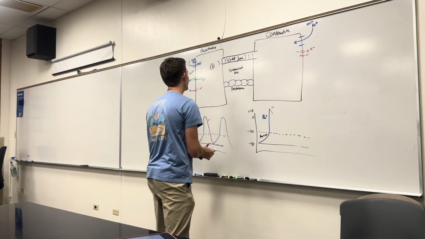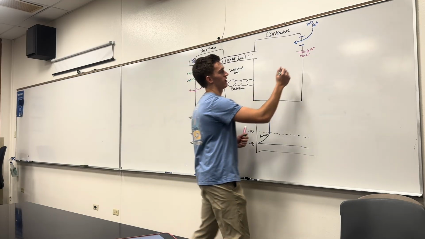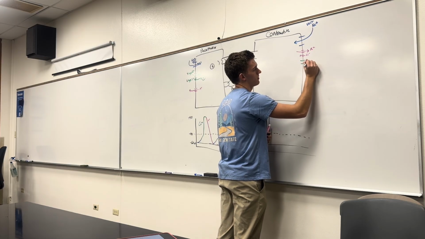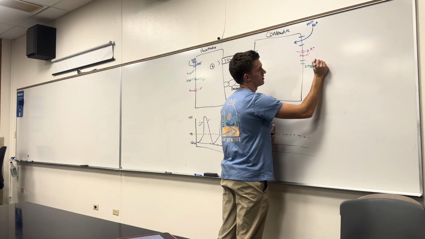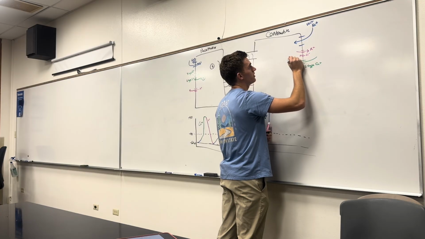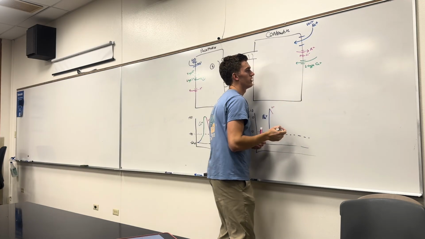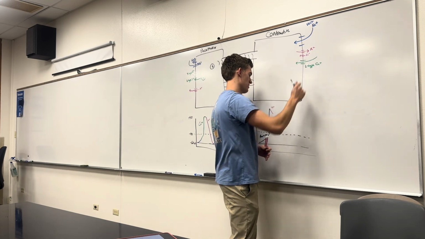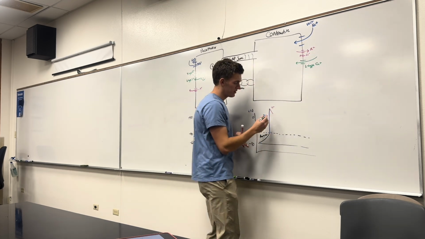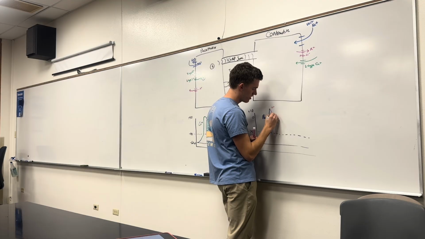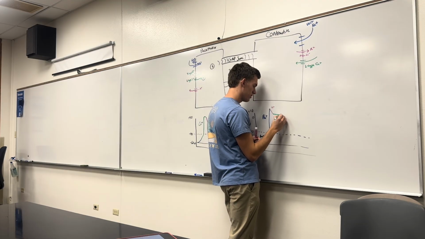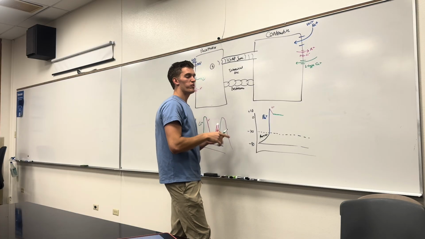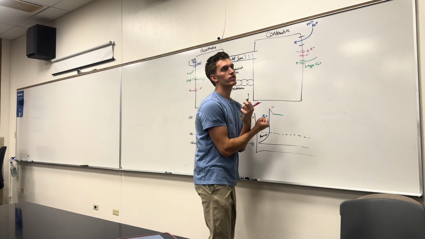we have that darn L-type calcium channel again. This is our L-type. And it's going to flow in enough that it matches the current of these guys. So instead of continuing to depolarize, we're gonna have a plateau, which means we're gonna stay contracted longer for a sec.